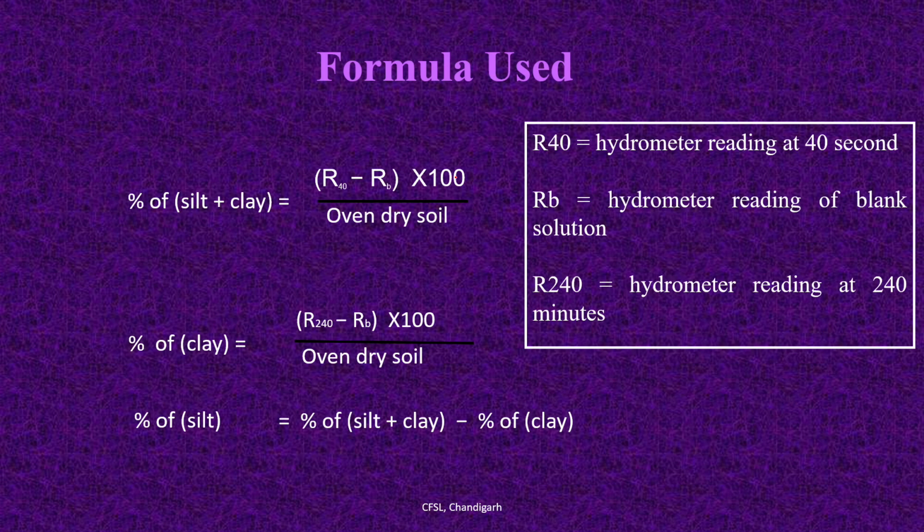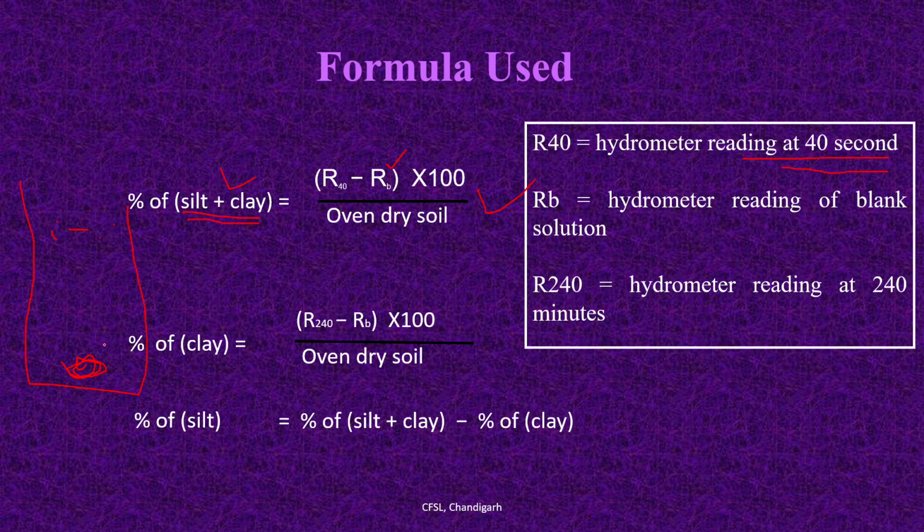You have to take the readings. The first reading you take at 40 seconds, because in 40 seconds the sand has settled down. Only silt and clay remain in the solution. From this reading you can calculate the percentage of silt and clay in the solution using the formula R40 minus RB, where RB is the reading of the blank.